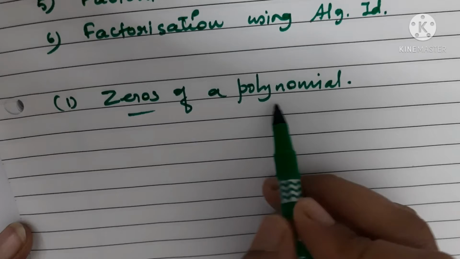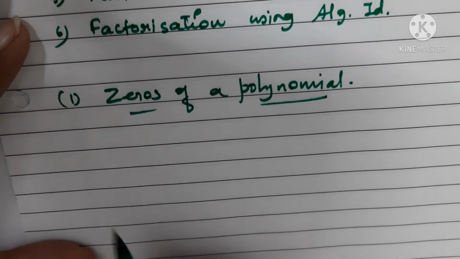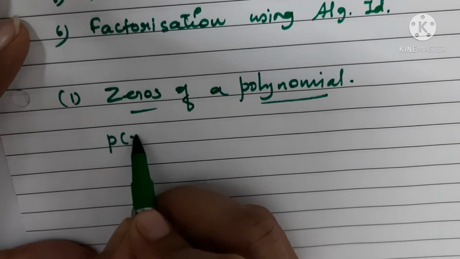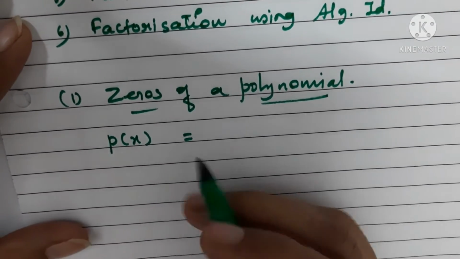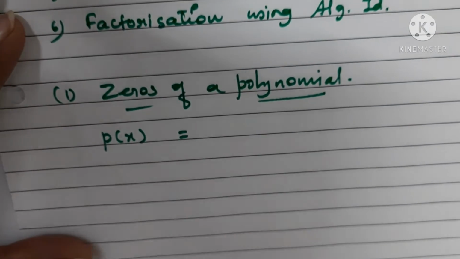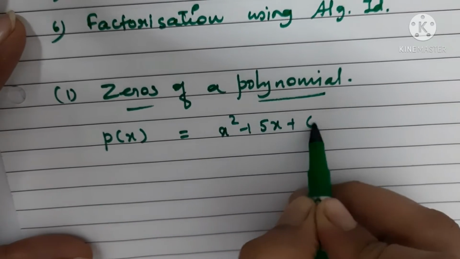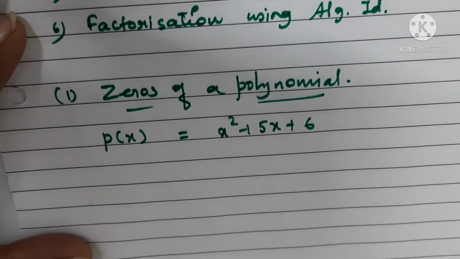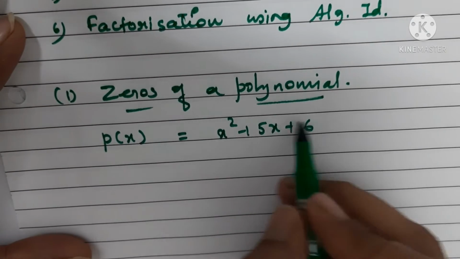Suppose you have taken a polynomial, say p(x), equal to x square plus 5x plus 6. Let's find the values of this by putting values in place of x.